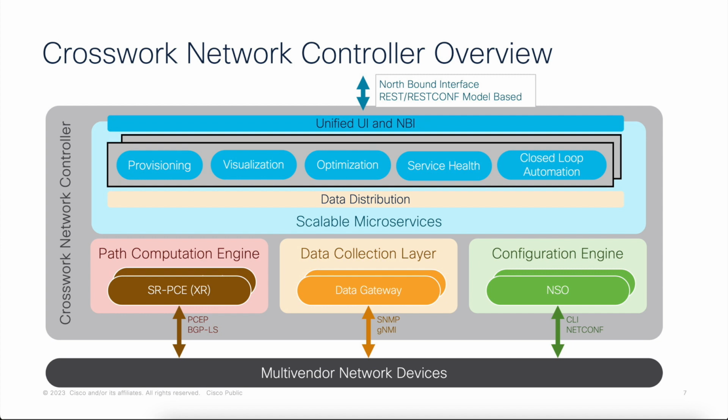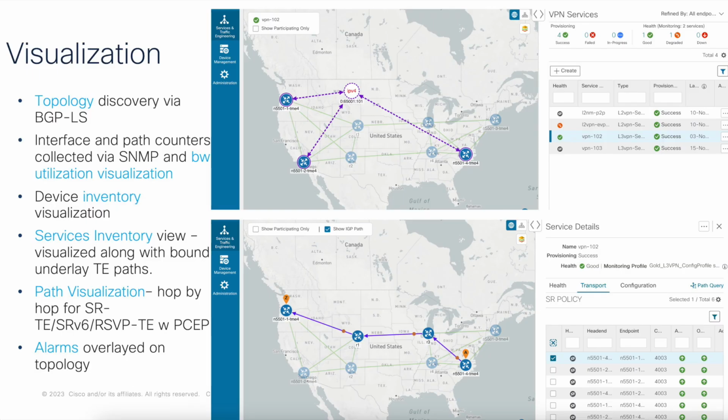NSO is a configuration engine, and CNC has a visualization engine. We call it Crosswalk Active Topology, which merges a lot of the information. For example, information coming from the layer 3 topology using BGP link state, metrics from SNMP and gNMI telemetry, and traffic engineering paths through PCEP.